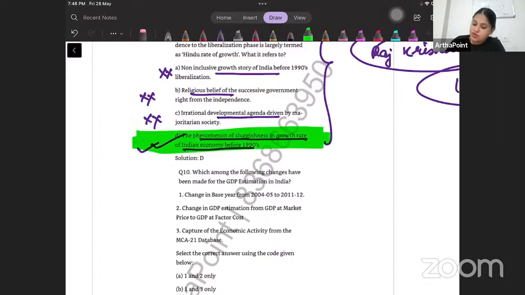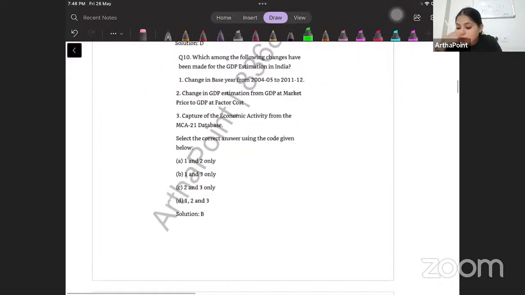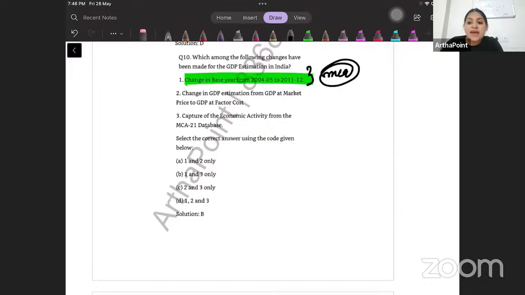Okay, come to the next question, beta. Which among the following changes have been made for GDP estimation in India? Changes in base year, very important, beta. This comes as an MCQ in itself. The base year of India has been changed from 2004-05 to 2011-12. Very important.